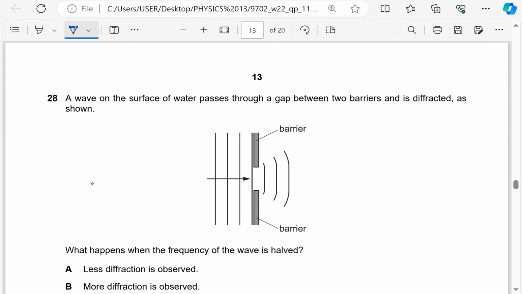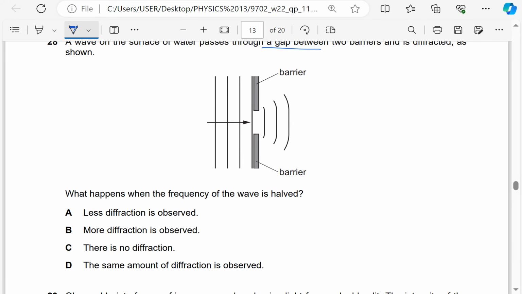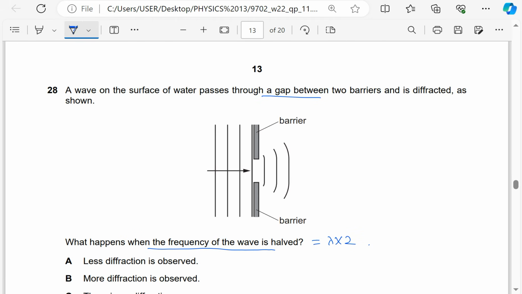A wave on the surface of water passes through a gap between two barriers and is diffracted as shown in the figure. What happens when the frequency of the wave is halved? So frequency halved means the wavelength lambda is multiplied by 2. So the wavelength is doubled. If we double the wavelength, I'll measure this distance here and compare with this one here.